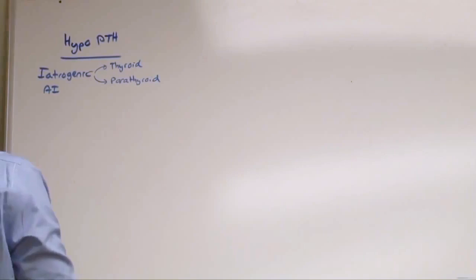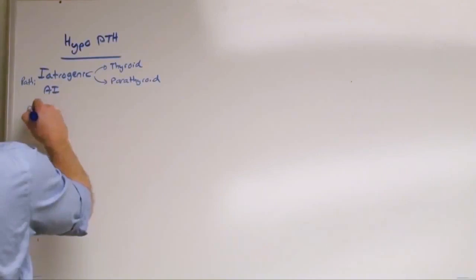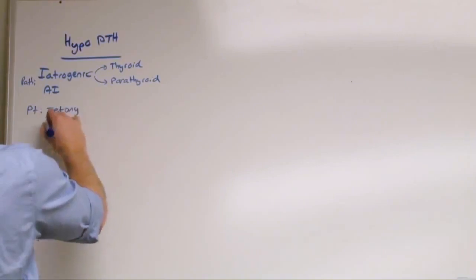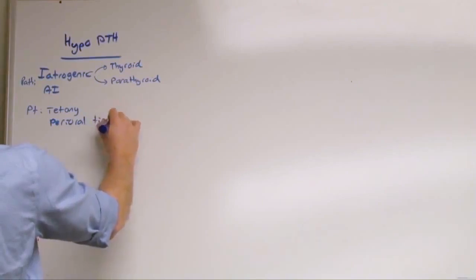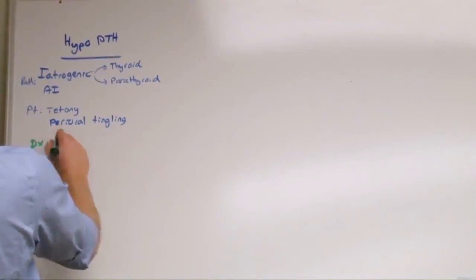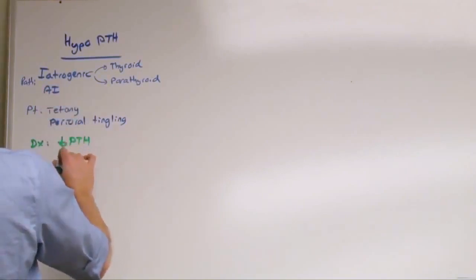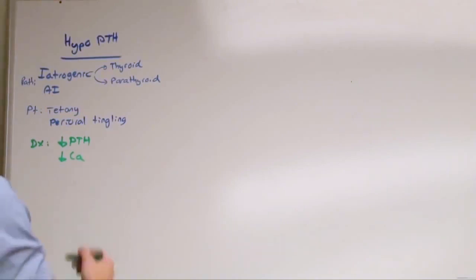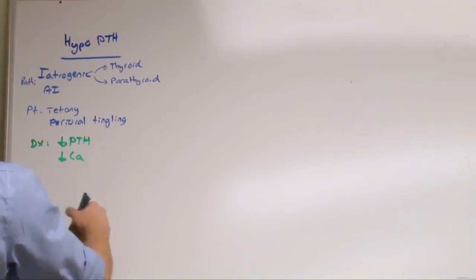So what you're going to see is someone present with the symptoms we talked about earlier, tetany and perioral tingling. This happens post-op day 1. The diagnosis is made by a low parathyroid hormone, which is driving a low calcium. Because the parathyroid hormone isn't there, there's nothing to reabsorb the phosphorus nor excrete it.